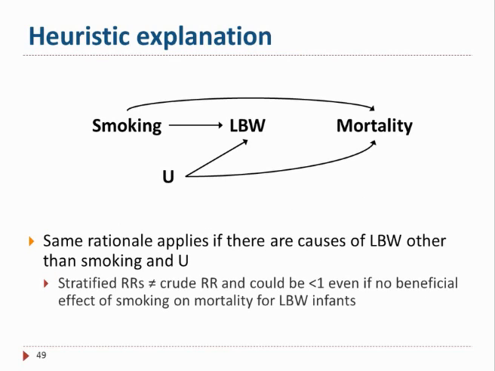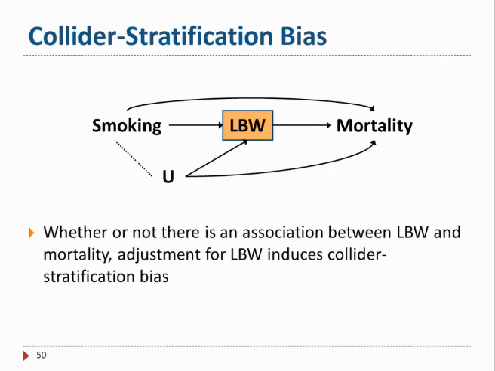And the same rationale applies if there are other causes of low birth weight other than smoking and birth defects. So we can make this DAG more complicated to account for other factors. And as long as we see this structure with the two arrows coming into low birth weight, when we adjust for it, we actually end up inducing bias.